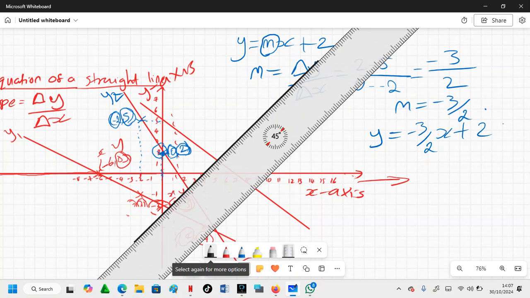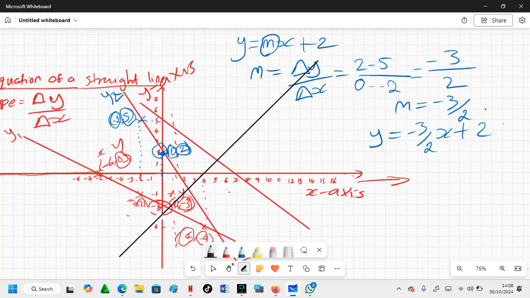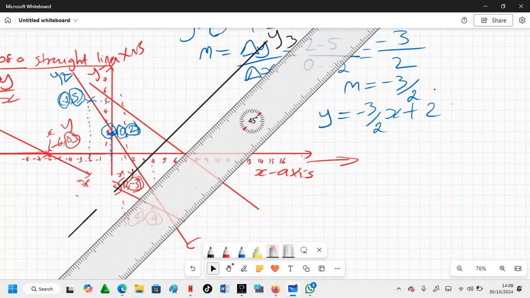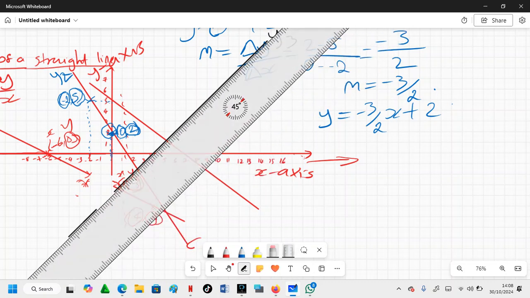You see, that is our line, the black one. Let's call it y3. And I want us to get the equation of that line. Okay, as you can see, the line touches the y-axis at, let me just correct this. So there it is, our line.